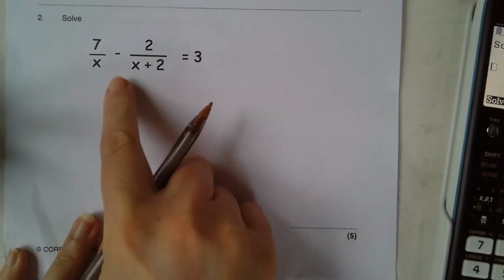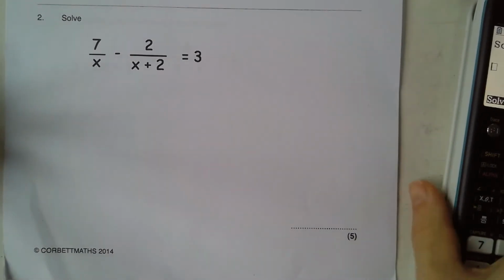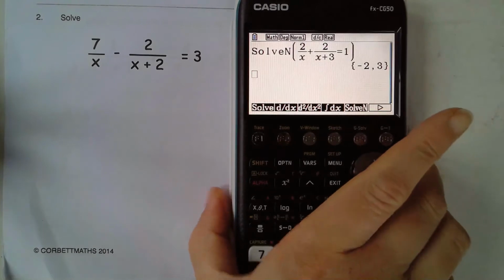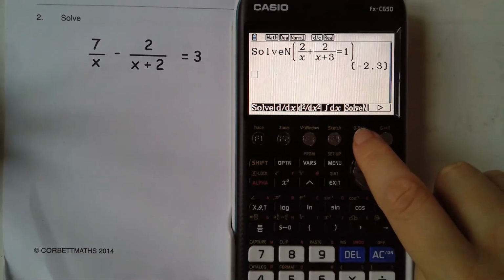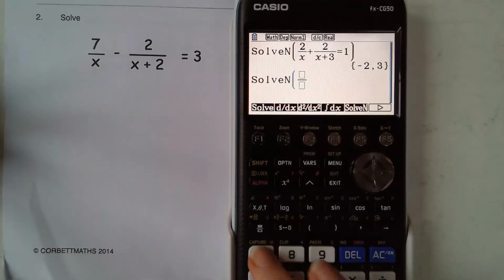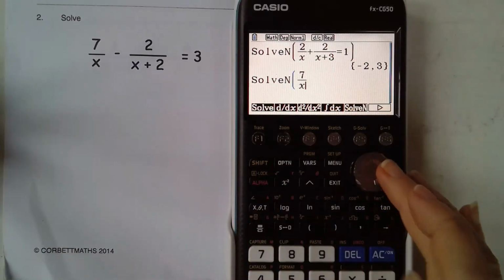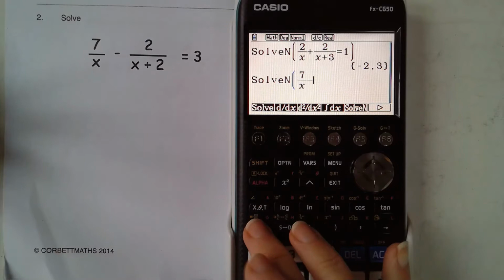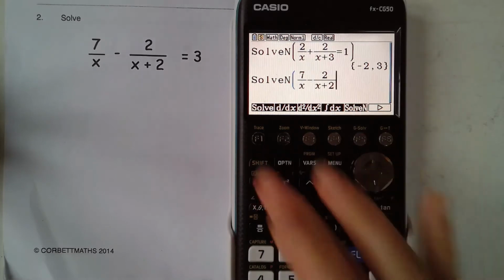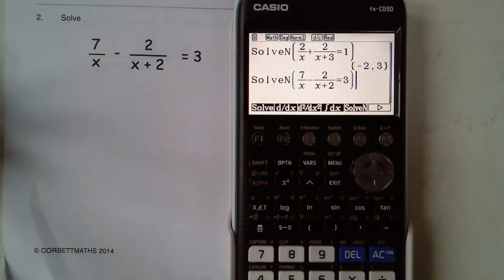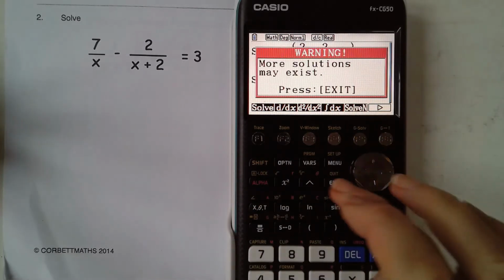If I look then at the next question, this is very much the same. The only difference is a subtract sign. So just to go through that sequence, because I haven't come away from that screen, I still have solve n there. So solve n, bracket 7 over x, out, minus fraction 2 over x plus 2, come out of that, equals 3, close bracket, execute, exit.